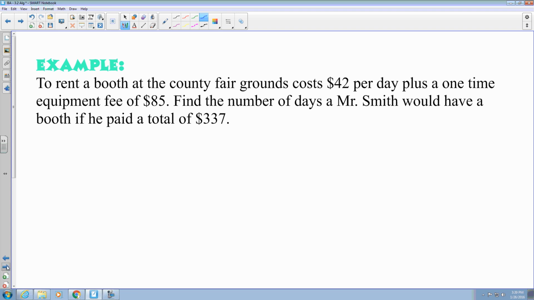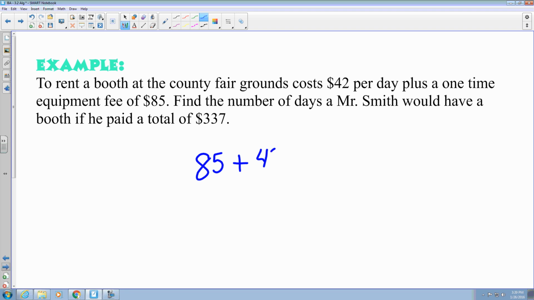Find the number of days Mr. Smith would have a booth if he paid a total of $337. So right off the bat, they're saying that it's going to cost $85, and that doesn't change whether you're there for 1 day or 5 days or 6 days, whatever. So that doesn't really have a variable attached to it. So then it's going to be added to the $42 per day.